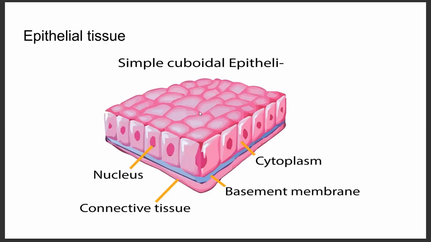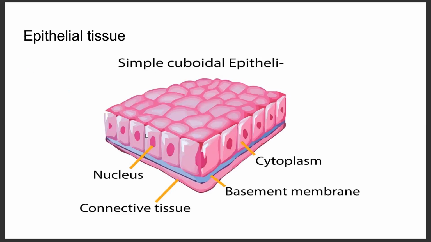Now look at this one. This is epithelial tissue. Here you can see this blue one. It is called the basement membrane. On the basement membrane, these cells are present. These cells are dice-shaped cells. You can see the nucleus. Now this free surface is called the apical surface.